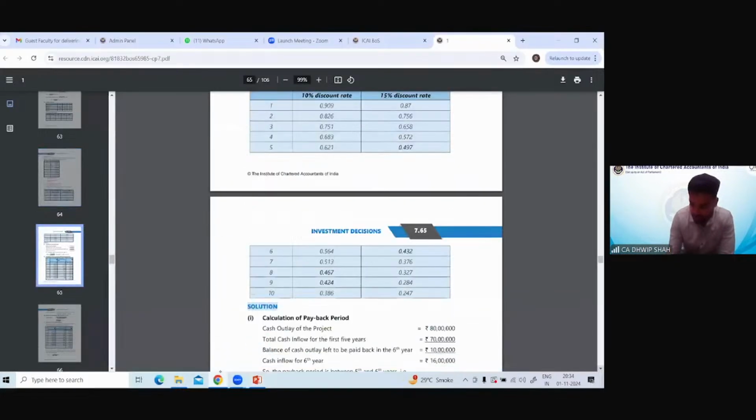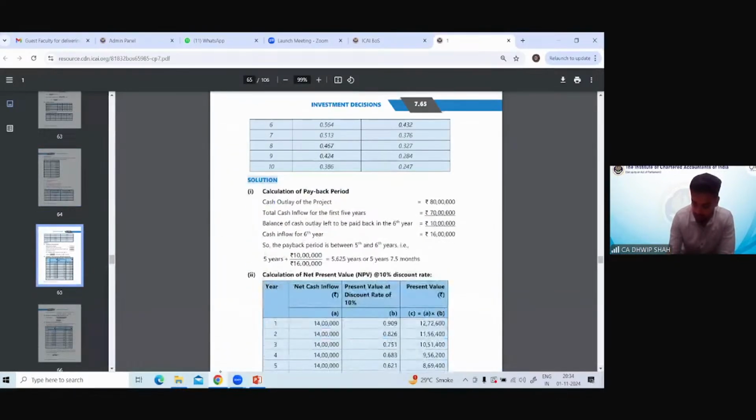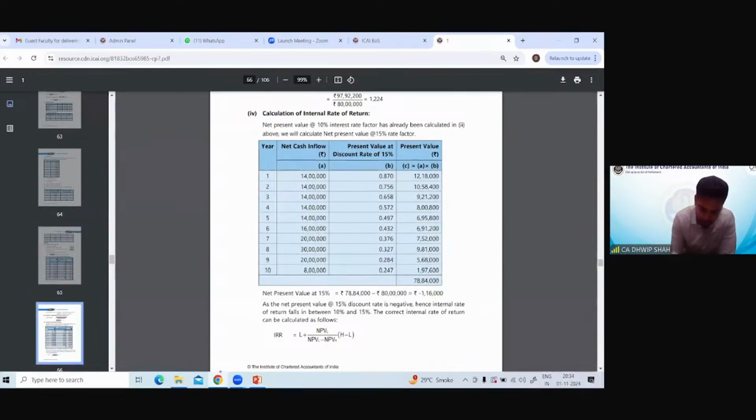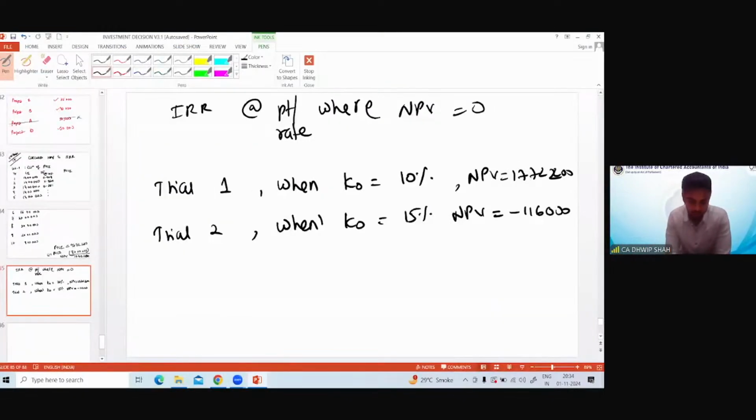You can calculate at home. I'm just taking the NPV figure from the solution. At 15%, NPV comes to minus 1,16,000. Yes or no?